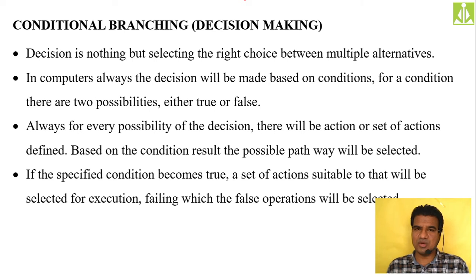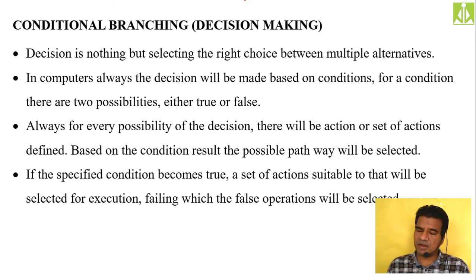If the condition is true, we evaluate the true block, and when the condition is false, we evaluate the false block. If the specified condition becomes true, a set of actions suitable to that will be selected for execution, failing which the false operations will be selected for execution. I will show you the complete flow chart, coding, everything, on how to do the two-way selection.